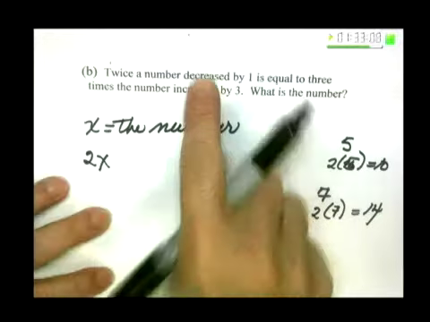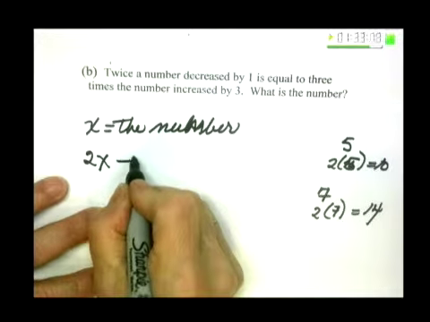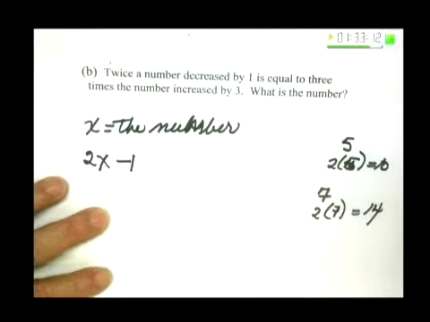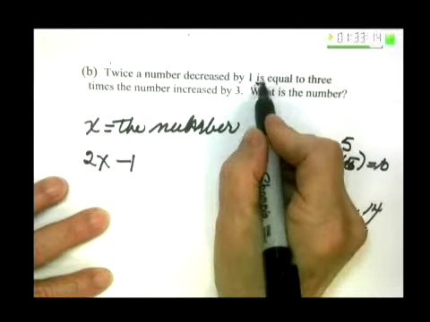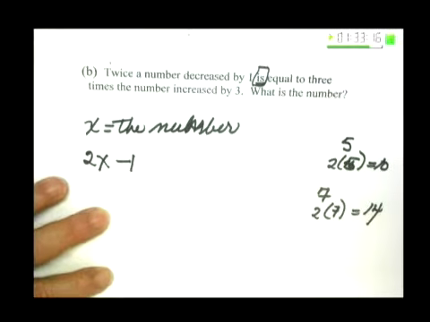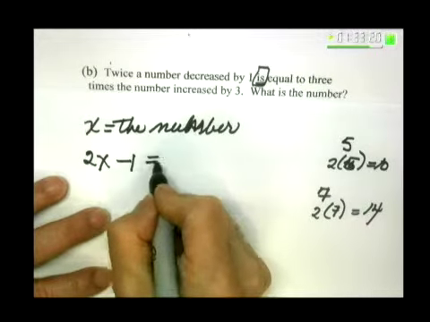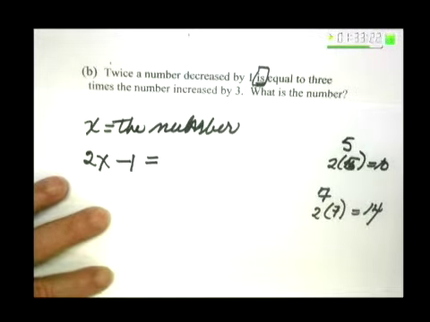Decrease. What does decrease mean? Subtract. How much am I decreasing it? By 1. Is. This word is always equal to. Is is present tense.